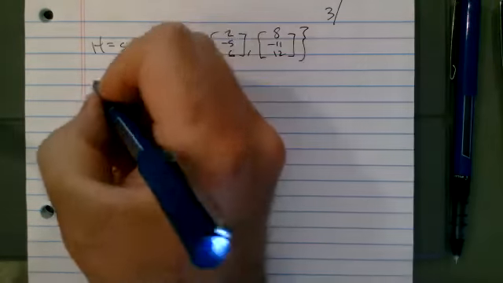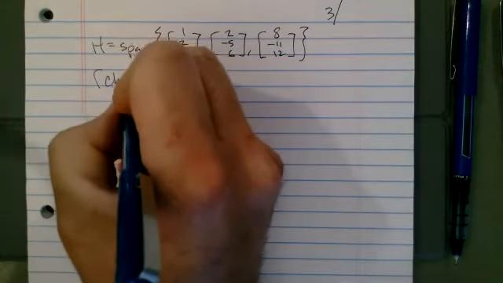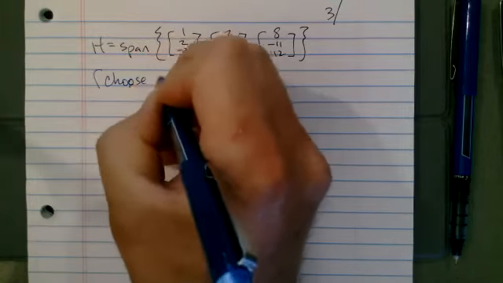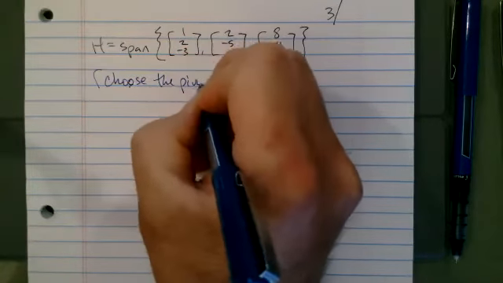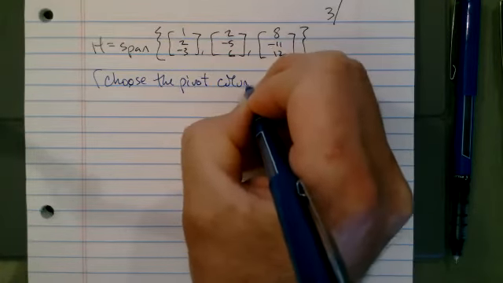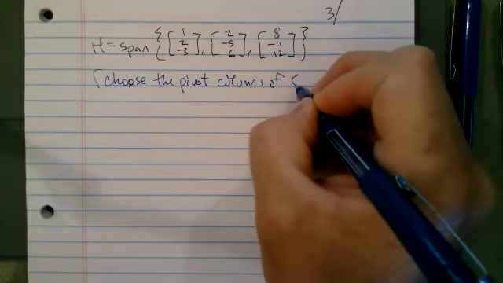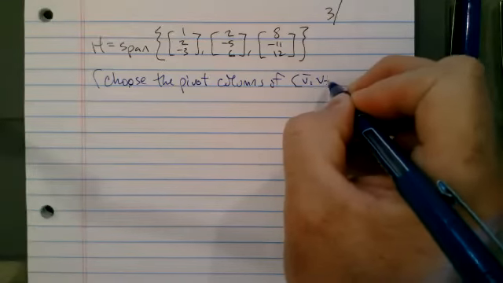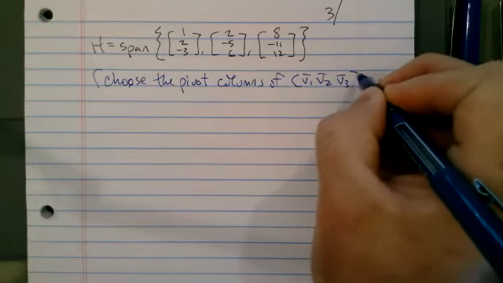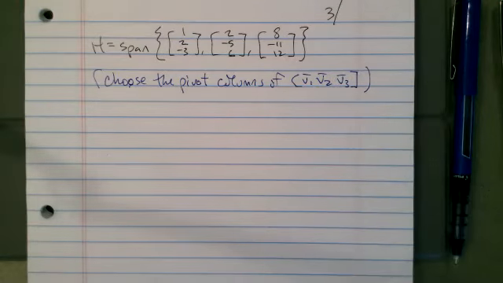So choose the pivot columns of the matrix V1, V2, V3. Just choose the pivot columns. Don't be fancy. Don't be like, oh, I'm not like other linear algebra students, I want to pick V2 and V3, or I'm going to pick V1 and V3.